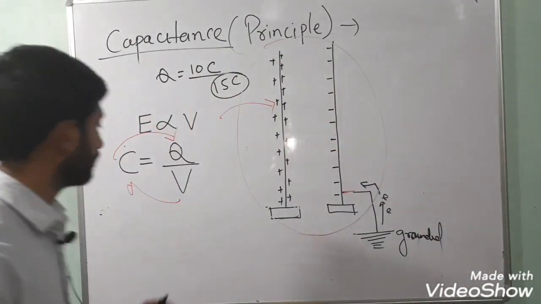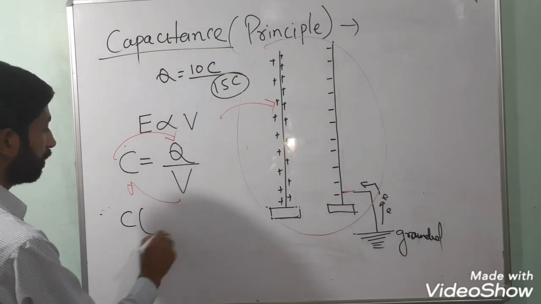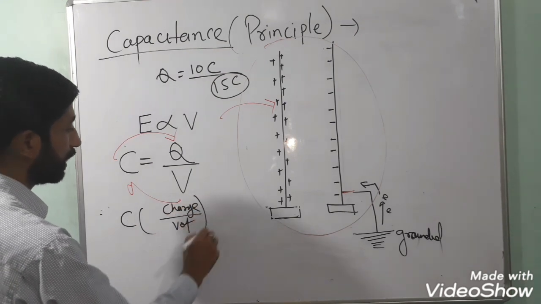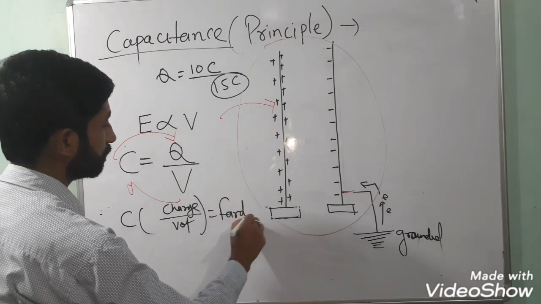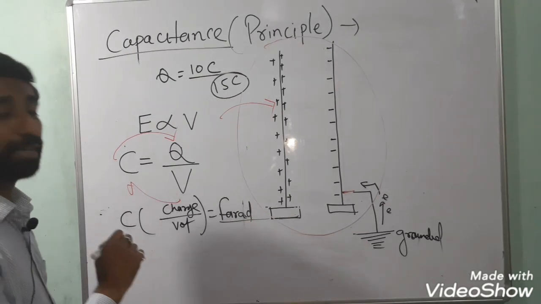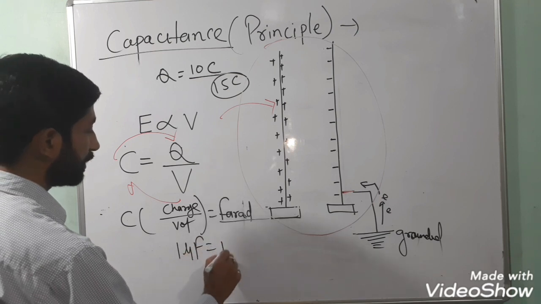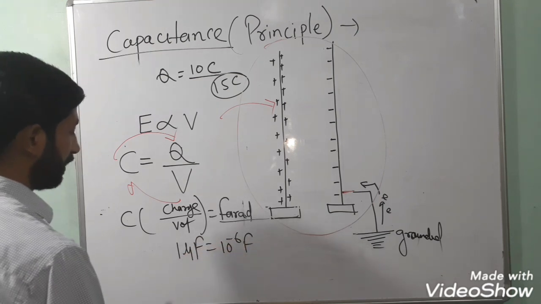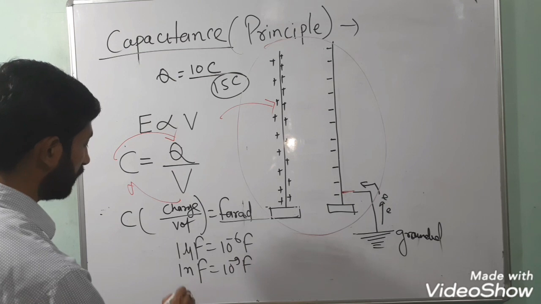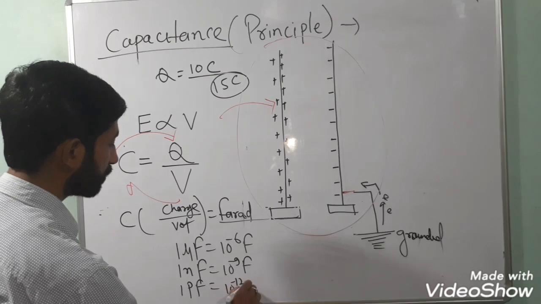Now we shall be discussing units. Its unit is that of charge and that of volt, and this is known as farad. Okay, the unit of capacitance is farad, and the other units are 1 microfarad, that is 10 to the power minus 6 farad, 1 nanofarad, 10 to the power minus 9 farad, 1 picofarad, that is 10 to the power minus 12 farad.